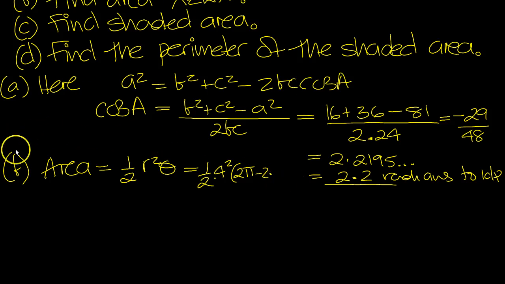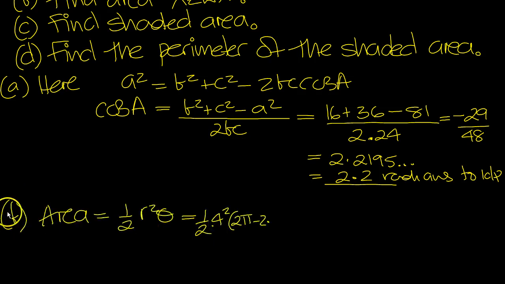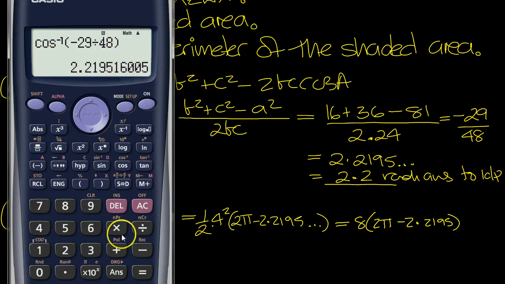So it's half r squared theta, minus 2.2195. There we go. So it's 8 times this number, 2 pi minus 2.2195. So that's the answer then.